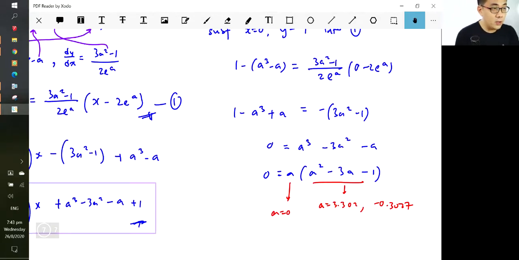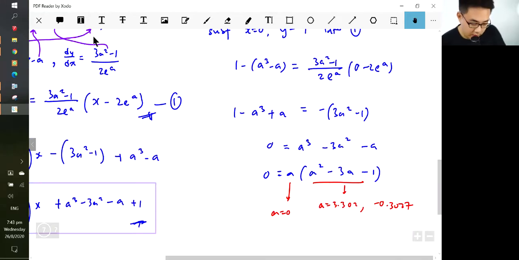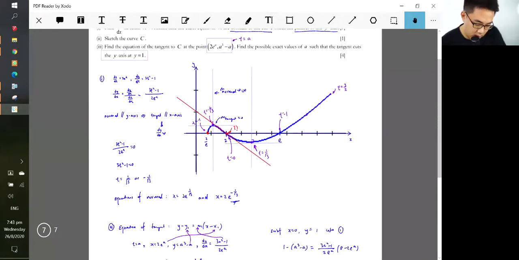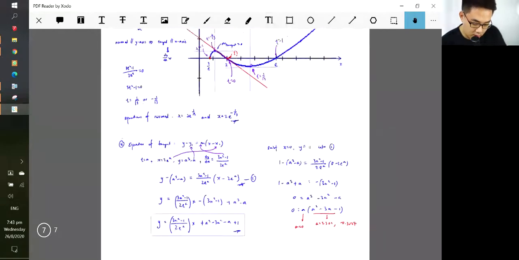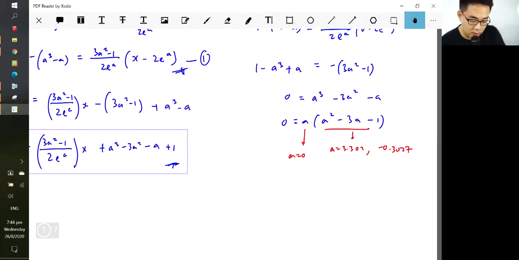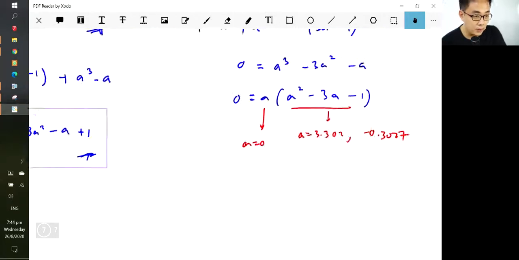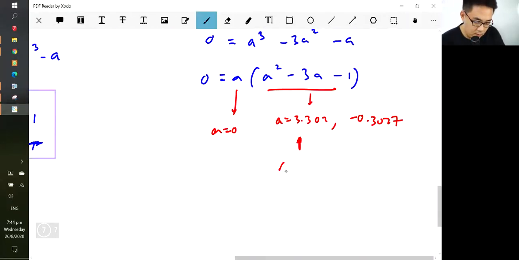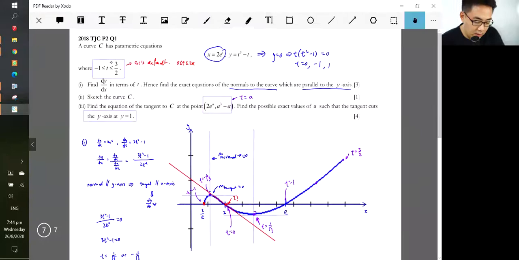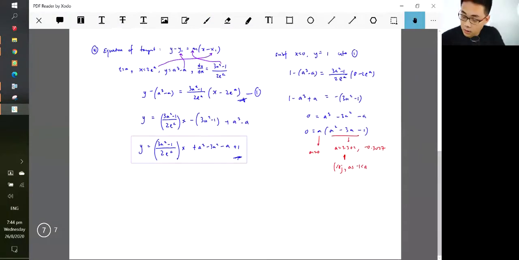They want the exact value, right? So there's another point, and you need to check. You need to reject this one here. Why? As A is minus 1, because the parameter is only allowed from minus 1 to 3/2.